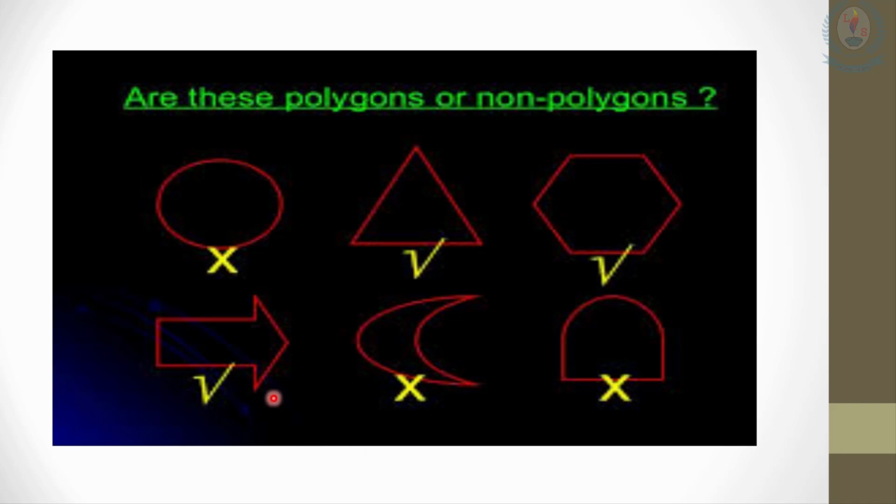The other one is an arrow, formed only by straight lines and it's a closed figure, no cross lines. It has all the features of a polygon. So this is also a polygon. The other one is made out of curved lines. So we don't consider it a polygon, it's a non-polygon. Next one is also a non-polygon.